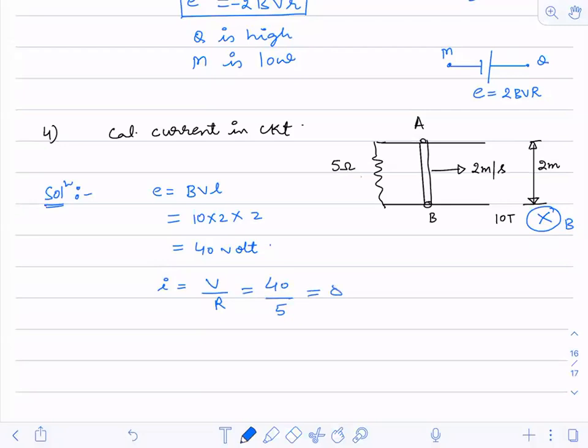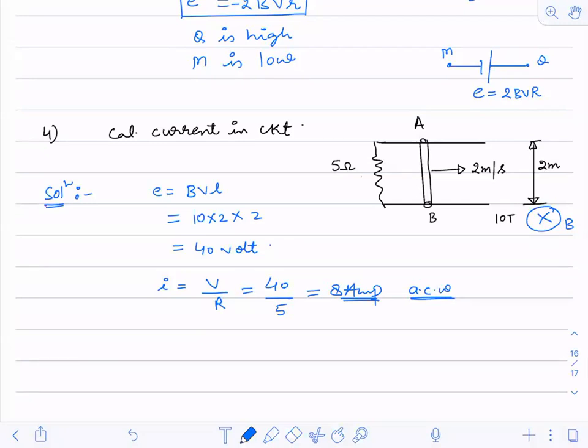So this becomes 8 ampere. And what is the direction? The direction will be anti-clockwise, because it is moving in that direction and A will be at higher potential. Is it clear to everyone?